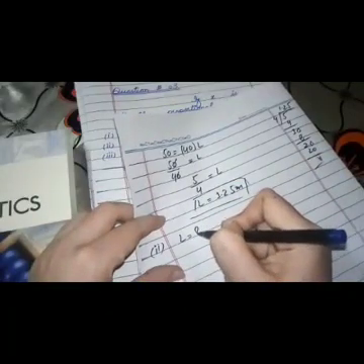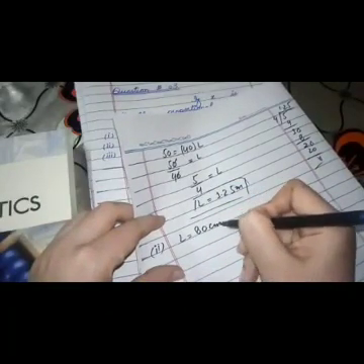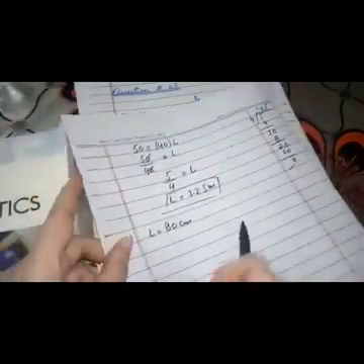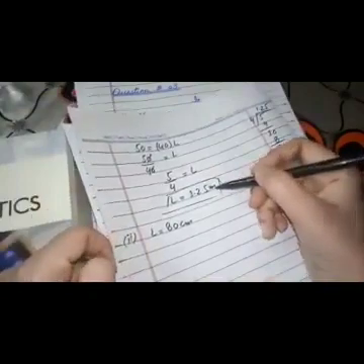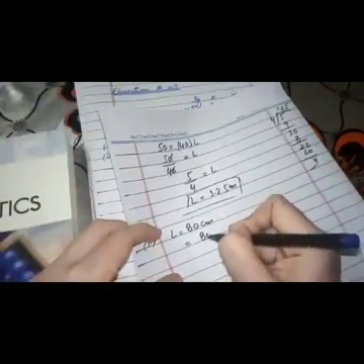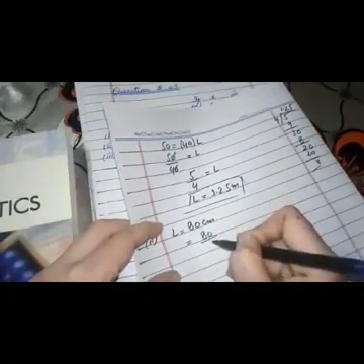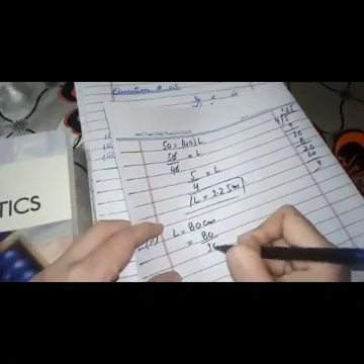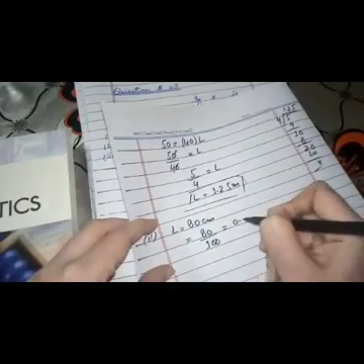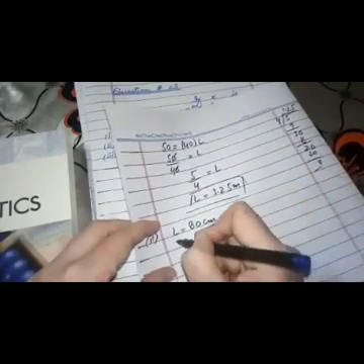Length is equal to 80 centimeter, whereas length is given in meter here, so we should convert into meter first. To convert centimeter into meter, we will divide it by 100. That will be 0.8 meter.